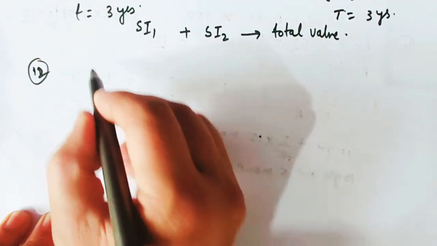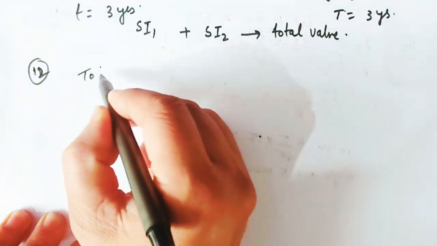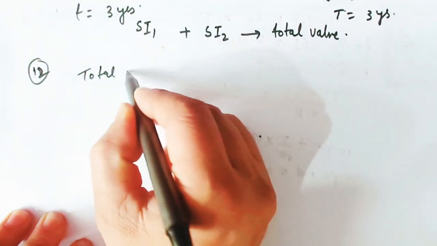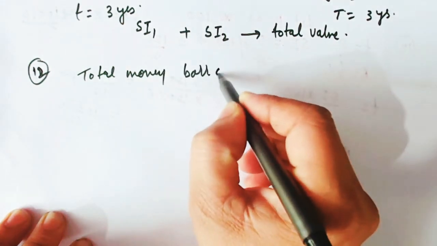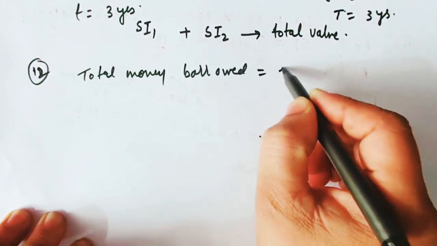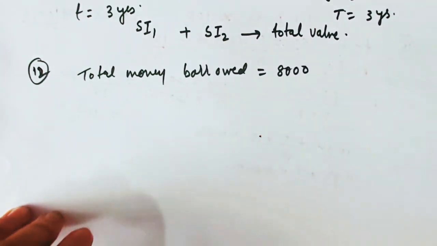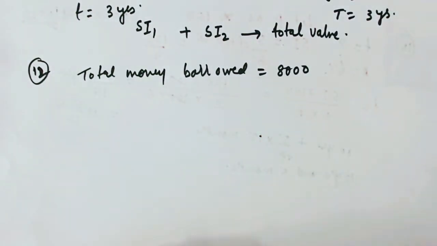So here total money borrowed is equal to 8,000. Very good. Out of this 8,000, you know what he does?